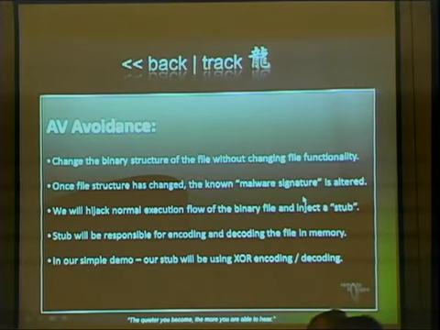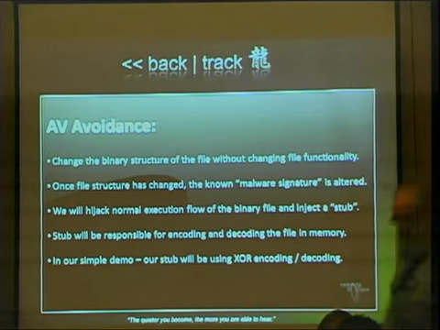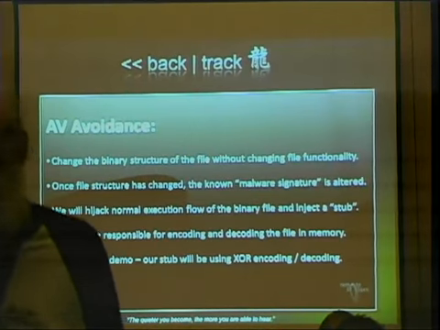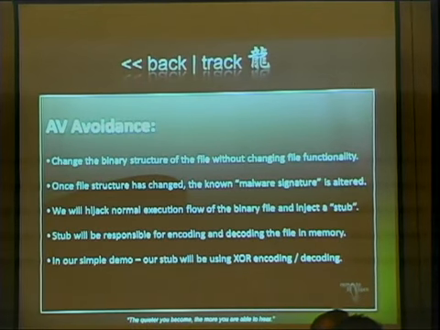All right, so we'll begin with the antivirus avoidance spiel. If we talk about your classic antivirus, I'm not talking about all these fancy heuristics things, which I don't really believe in, but basically they're signature-based. When you have malware, the specific bytes in a specific area of your binary file will trigger a signature.